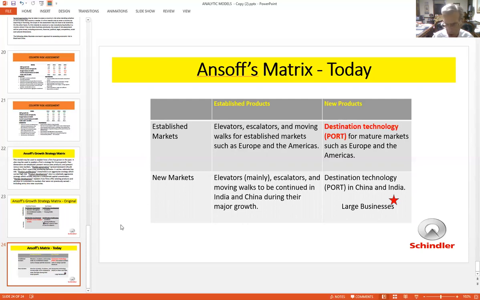New products in established markets, there's something that's amazing. The product is still being developed, but it's amazing. Basically, this is an elevator that travels through a building along tracks that go like this. So the elevator will move this way, then this way.